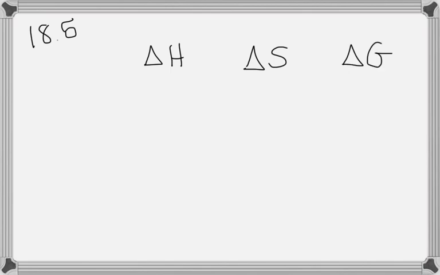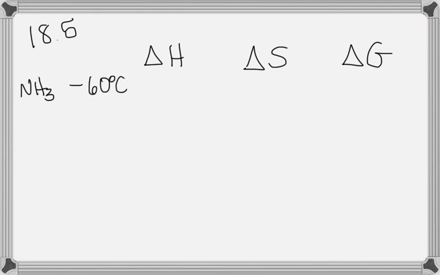Now, on chapter 18, number 55, it says to predict the signs of the delta H, the delta S, and the delta G when ammonia melts under different conditions. So the first one, you've got ammonia melting at negative 60 degrees Celsius.